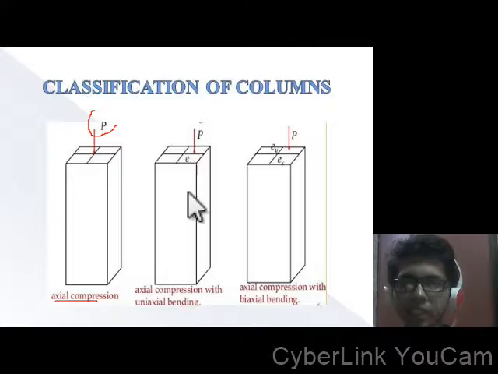In the second case, the load P is applied at a distance from the center of gravity, and there is an eccentricity e here. This is the uniaxial bending case, while in this case the load is applied at an eccentricity ex, and also has an eccentricity of ey.